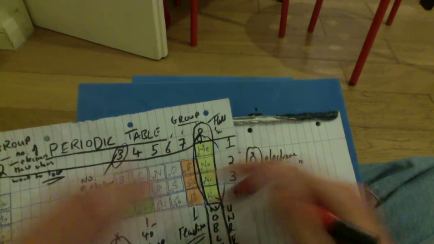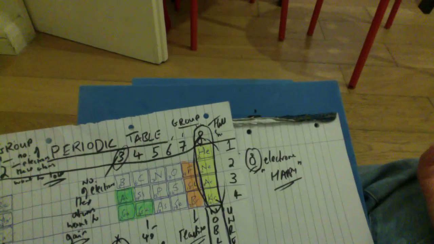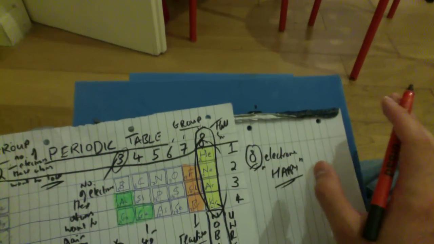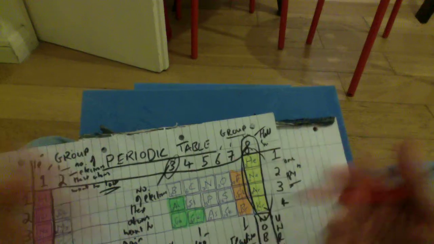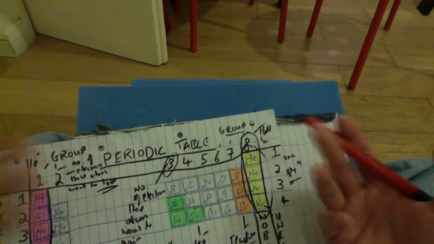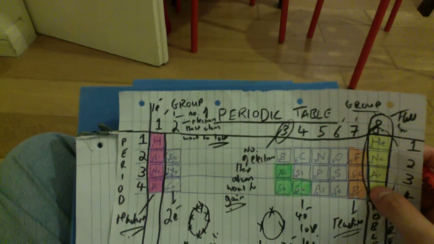They're already full. They don't want any more electrons or to lose any electrons. They're very, very stable. But all these ones in the middle here, they all react, depending on how much energy there is about.